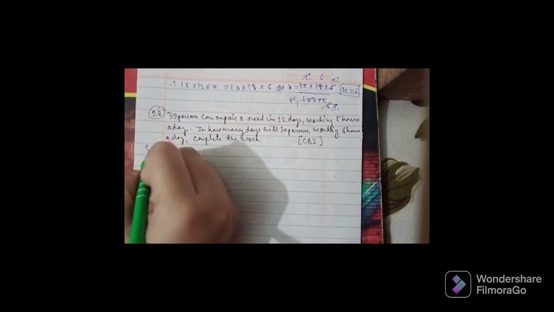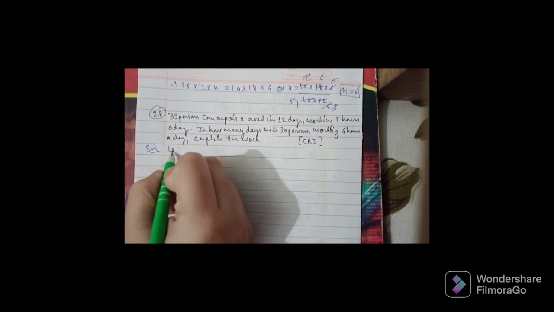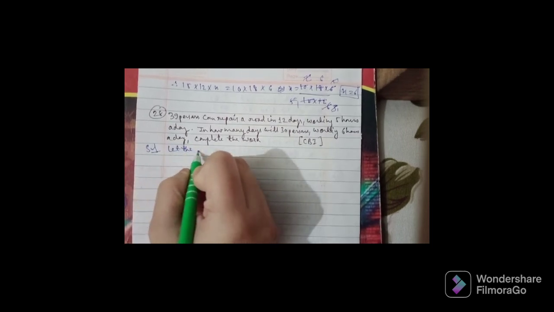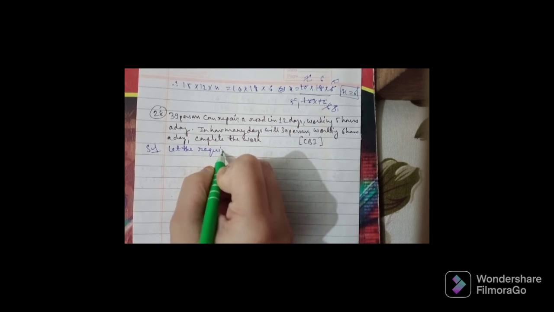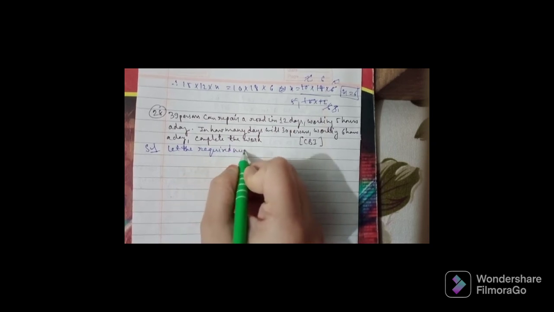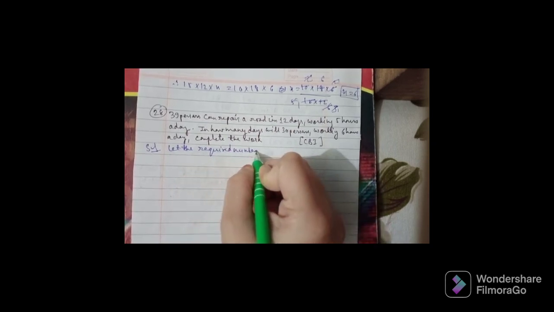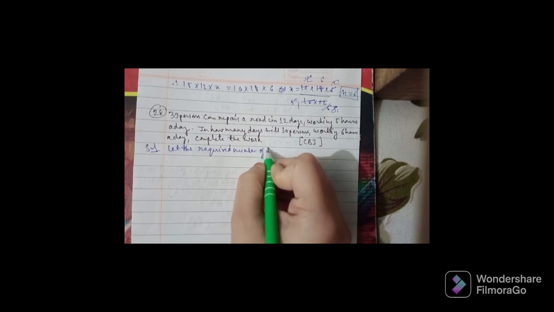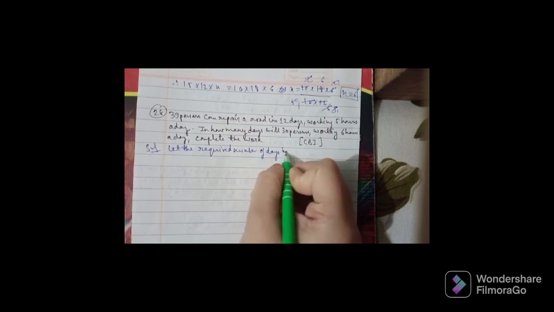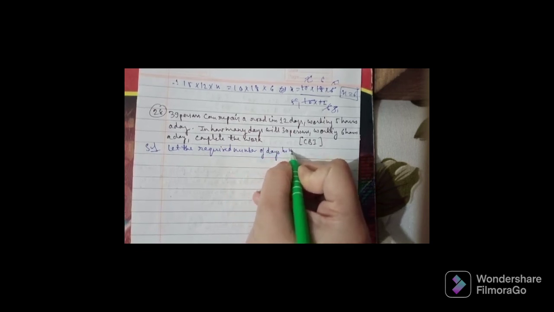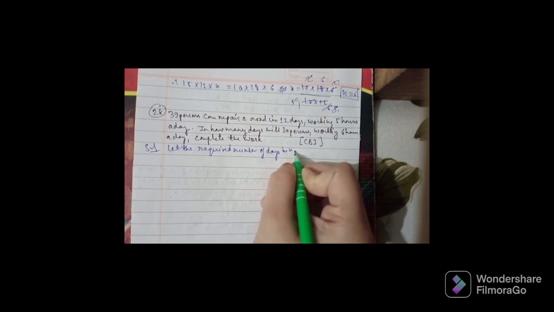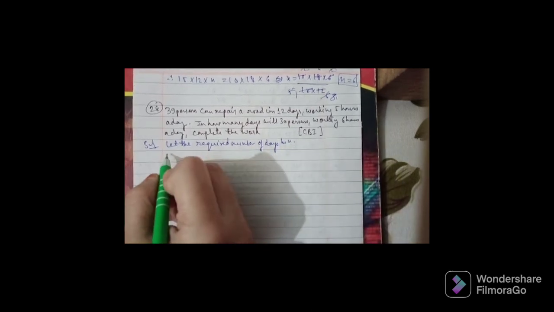Let the required number of days be X. Less persons, more days.